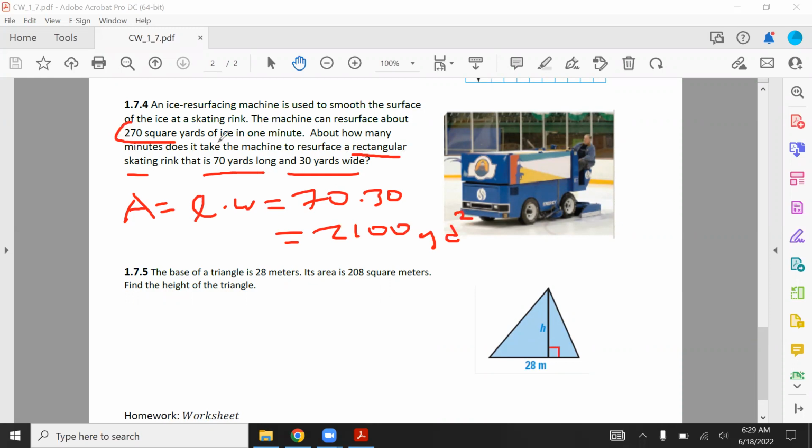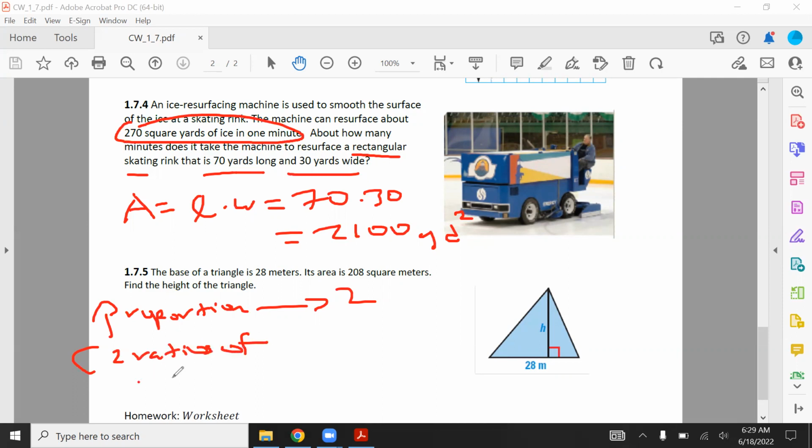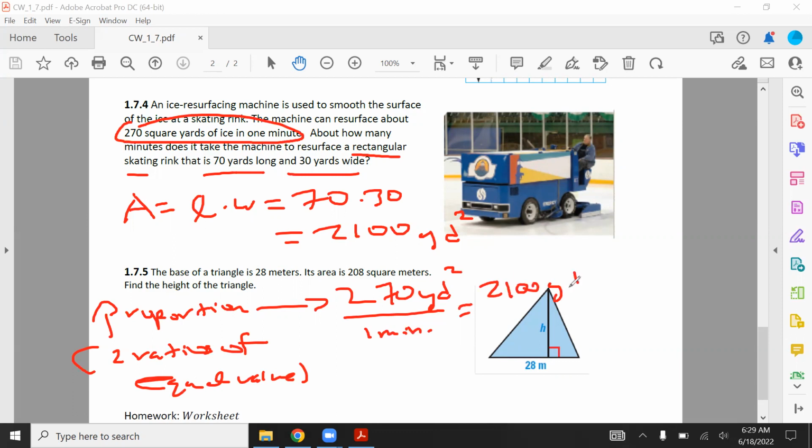Well, it does 270 square yards in 1 minute. So what you're going to want to do is set up a proportion. A proportion is 2 ratios of equal value. Okay. So 270 square yards, 1 minute, equals 2100 square yards, X minutes, because we want to know how many minutes it would take to do 2100 square yards.